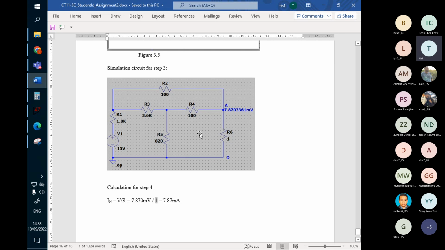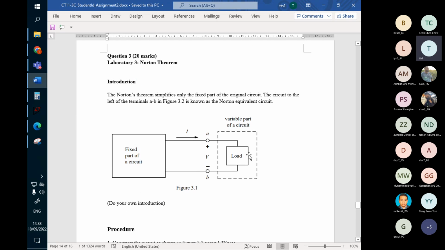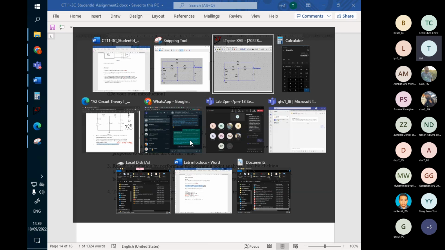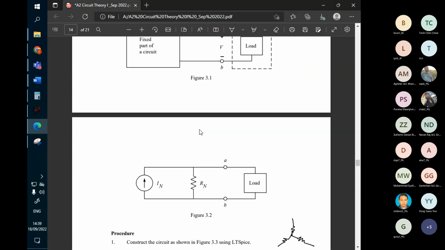What we try to measure actually is the current flowing through the output terminal, which is terminal AD. We want to find the current flow through the output. That will be our Norton current here. Where is Norton current? Here.